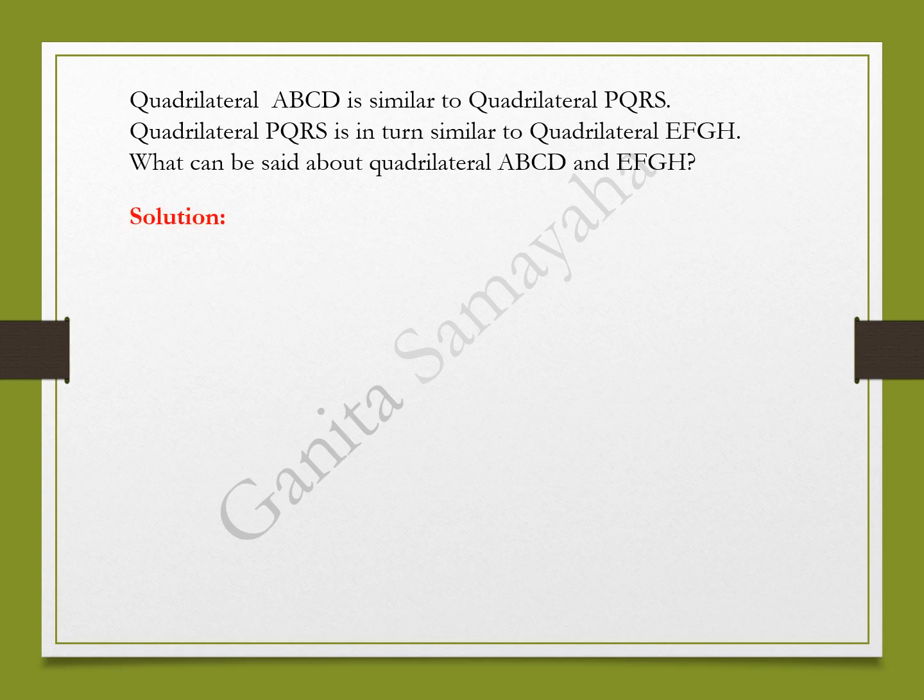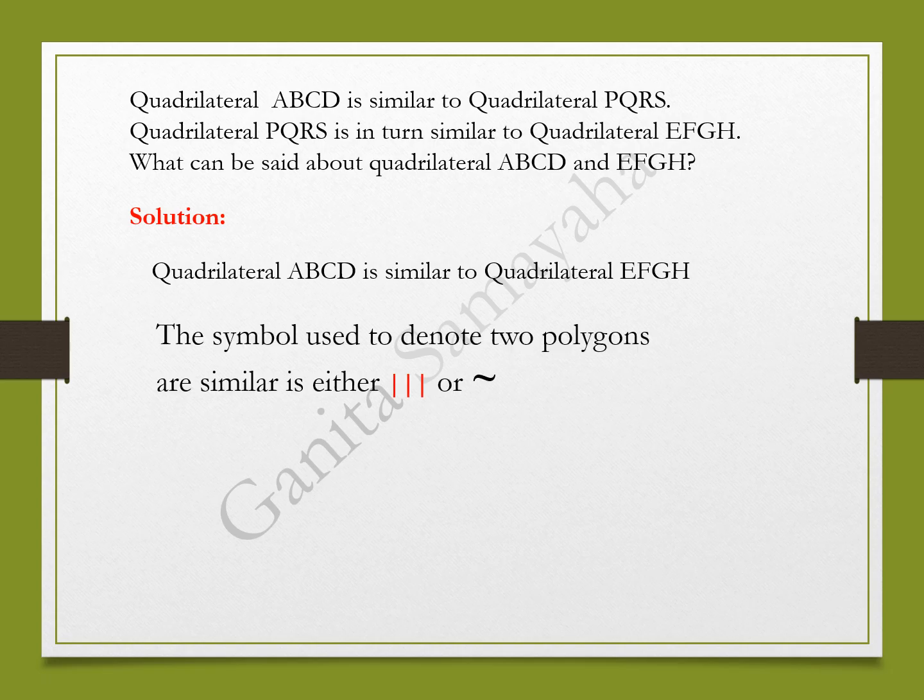Let us discuss. So we have quadrilateral ABCD is similar to quadrilateral EFGH. And every time, you needn't write this out. We have got a symbol for similarity as well, children. Either you can write three vertical lines or just this symbol. So this stands for similarity.